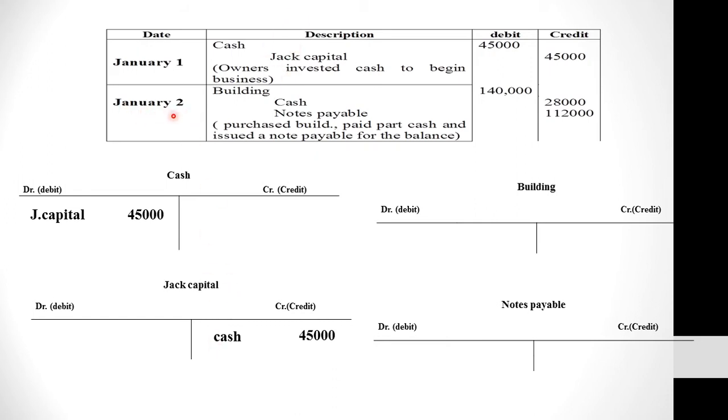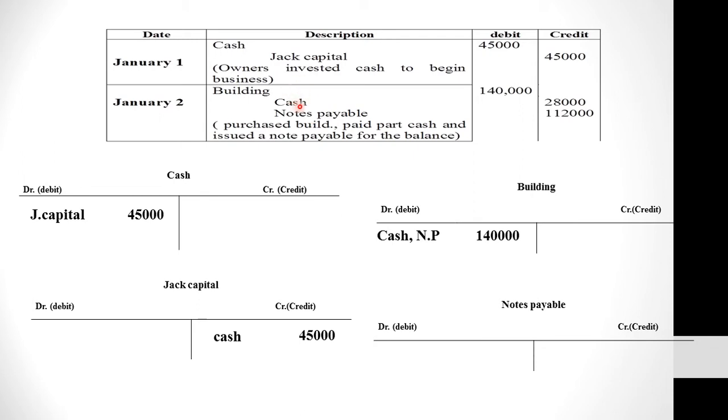Let's move to January 2. We are doing it in order, so we're going to start with building, 140,000 within the debit side. This is the T account for building. In the debit side, we're going to place 140,000. And for more explanation, we're going to write beside the figure the opposite accounts within the journal entry, which are cash and notes payable, like this.